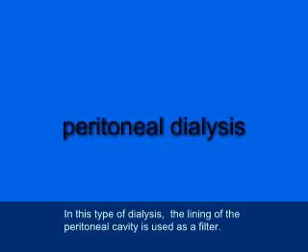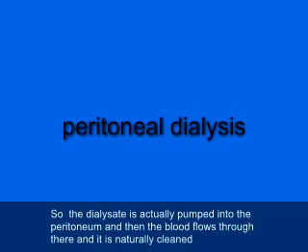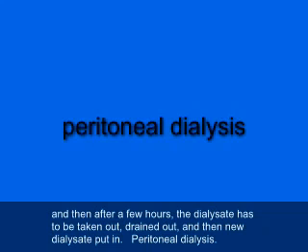In this type of dialysis, the lining of the peritoneal cavity is used as a filter. So the dialysate is actually pumped into the peritoneum. And then the blood flows through there and is naturally cleaned. After a few hours, the dialysate has to be drained out, and then new dialysate put in. Peritoneal dialysis.